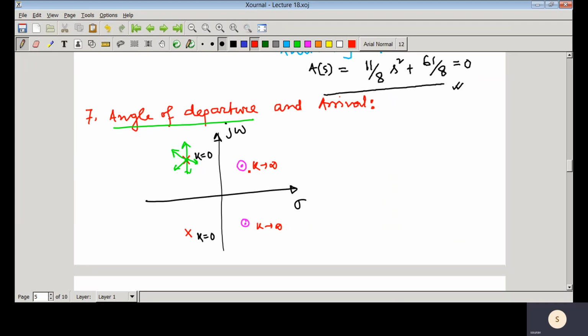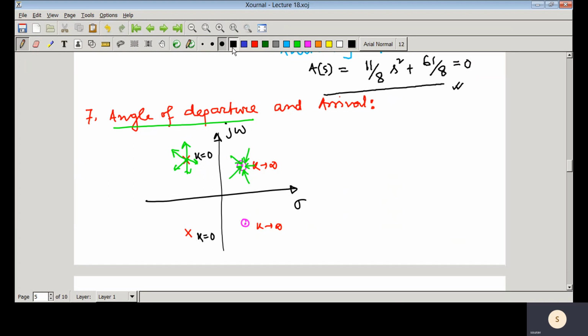And when they are complex conjugate zeros, the same thing happens, just reverse to the open loop complex conjugate poles: along which direction will it reach this particular zero. That angle is called the angle of arrival. Now we are going to discuss how to calculate the angle of departure and angle of arrival.